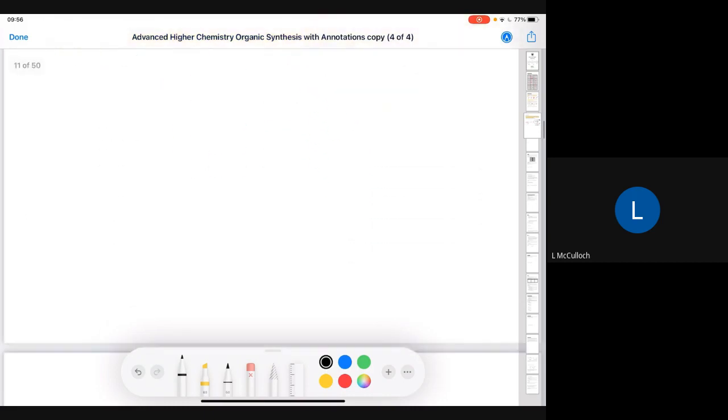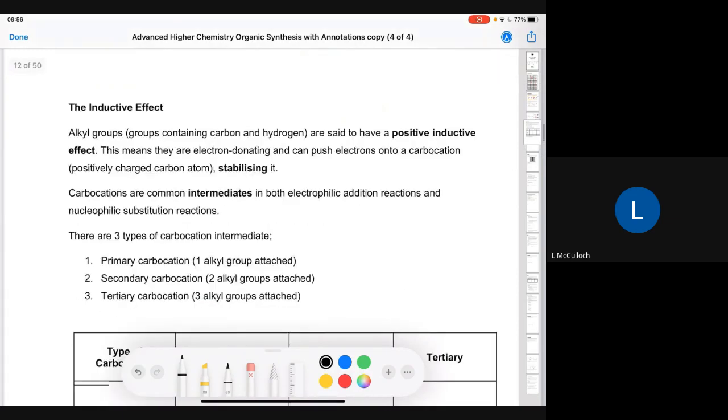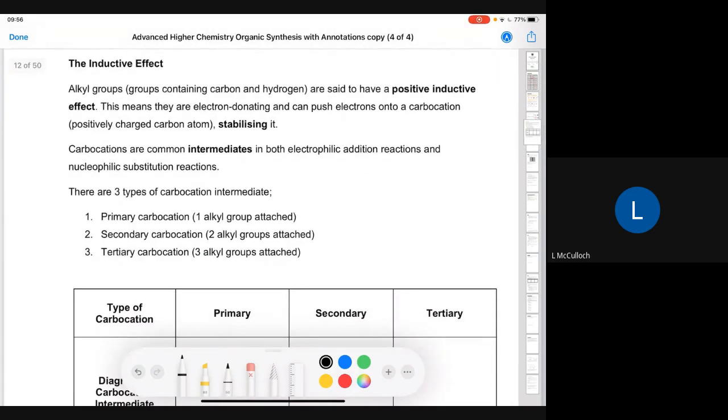So we are going to explain this using something known as the inductive effect. Okay, so alkyl groups. Now, an alkyl group is a group containing carbon and hydrogen. So some examples of alkyl groups might be a CH3, a C2H5, a C3H7, things like that.